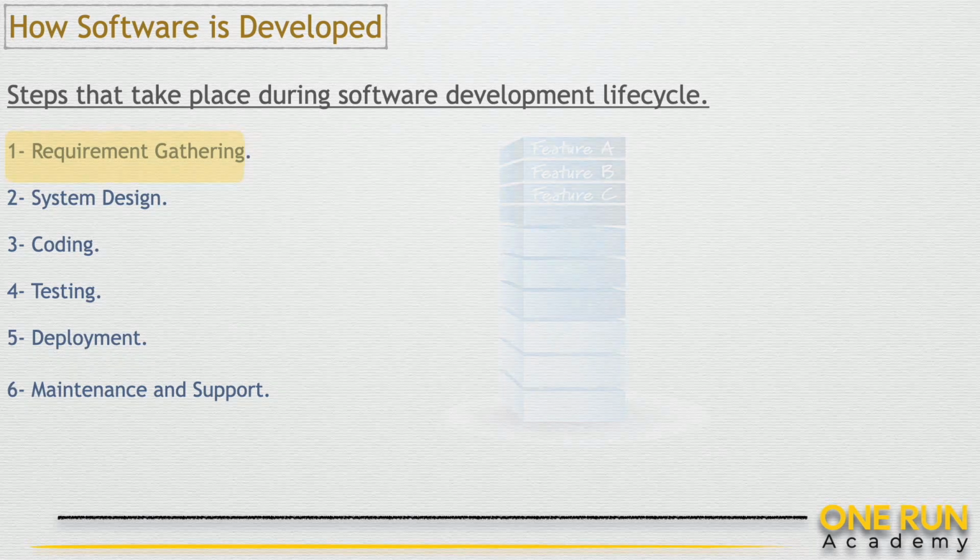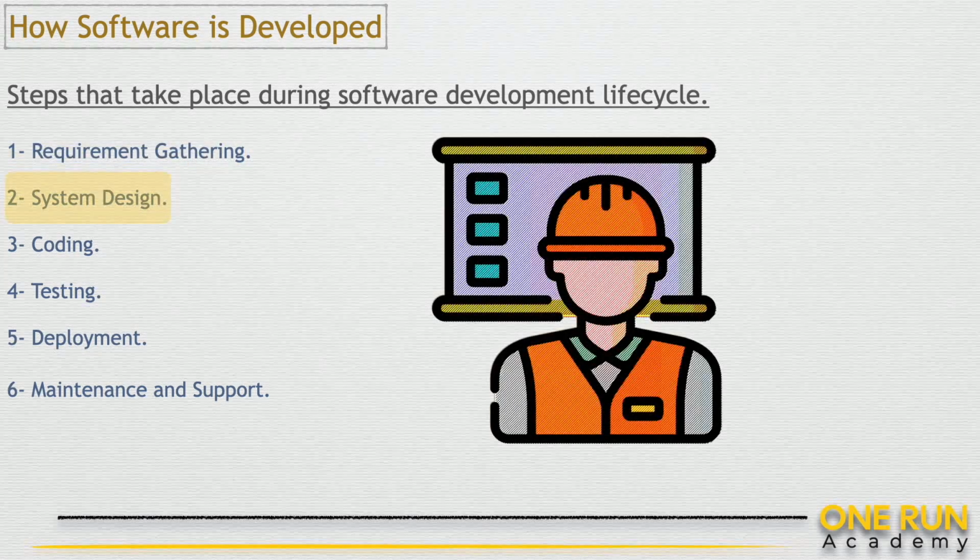Next, we will move to the second step, which is the system design. Once we have a firm grasp of the specifications, Professor, we will design the software's architectural framework, break the system into smaller components or units, and specify how these parts will interact with one another. To accomplish this, we will use UML diagrams and flowcharts.